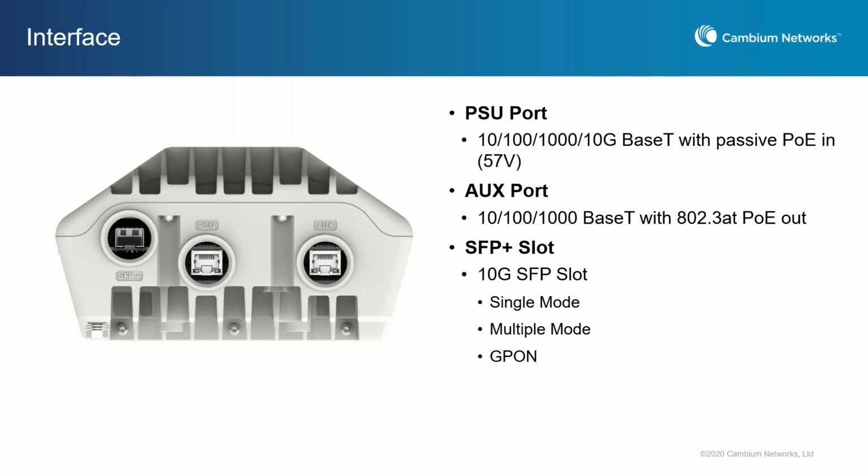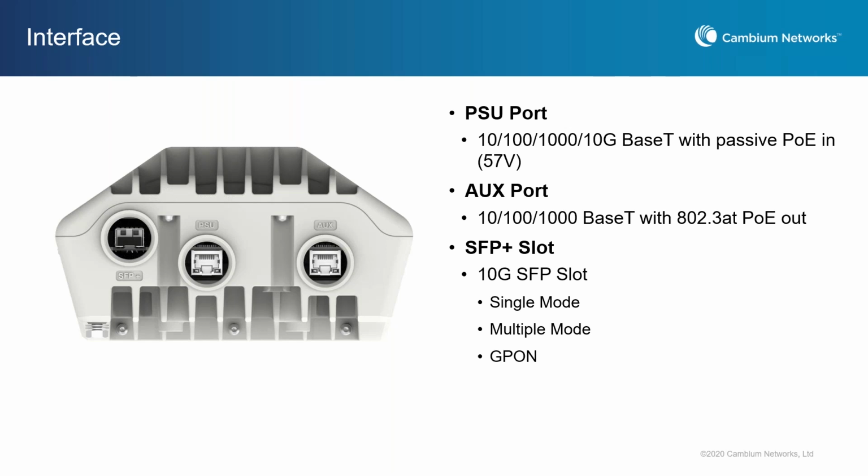V3000 is a high gain node. This one has a 44.5 dBi antenna. Today we support a 3.8 gig uplink and downlink. With channel bonding, we can double the capacity, becoming a 7.6 gigabit P2P link. Even with this high gain dish, we still have beamforming enabled, so we can support 4 degrees for horizontal scan and 2 degrees for vertical.